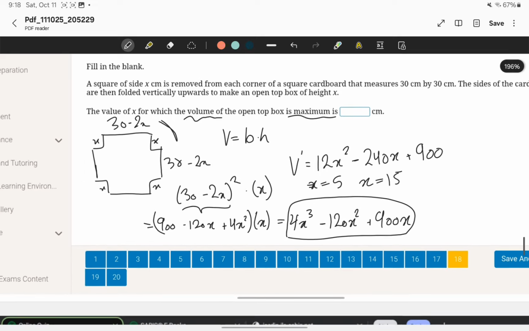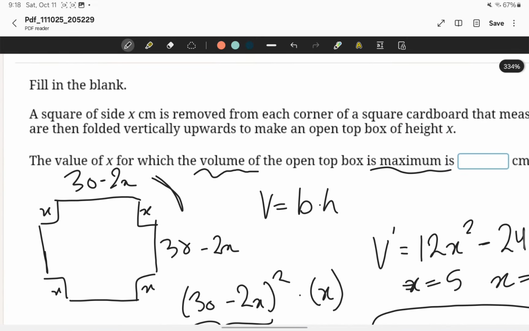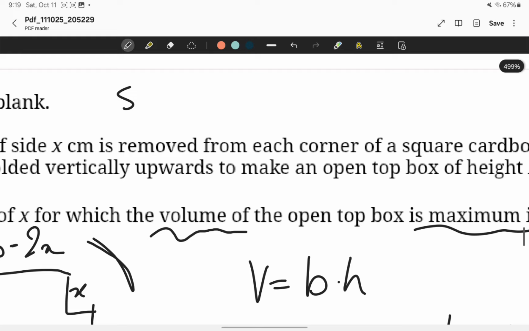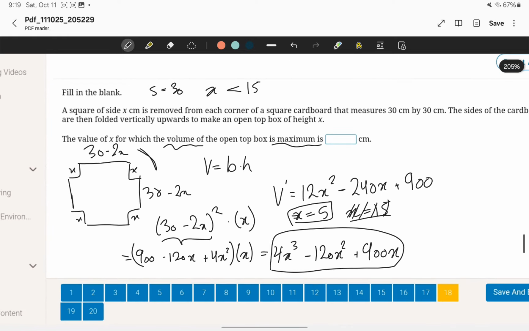But remember, before we said that x has to be less than half of the side. They said here that the side is 30, so x needs to be less than 15. This here is x equals 15, so we can't take this. So we'll take x is 5. Asking for the maximum volume is when x is 5.